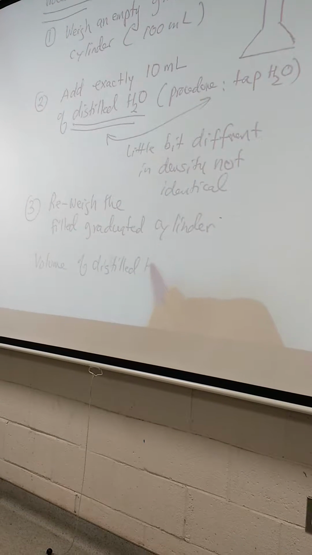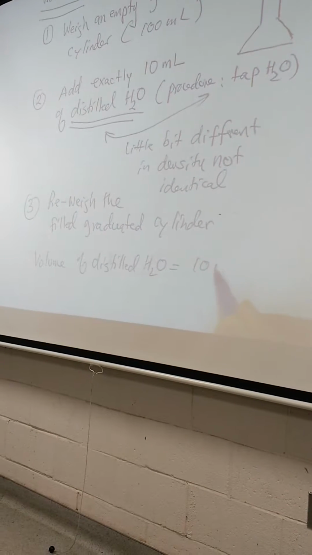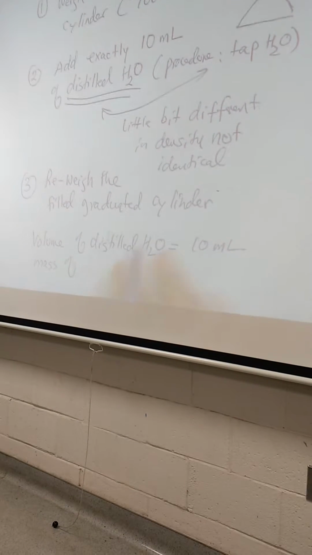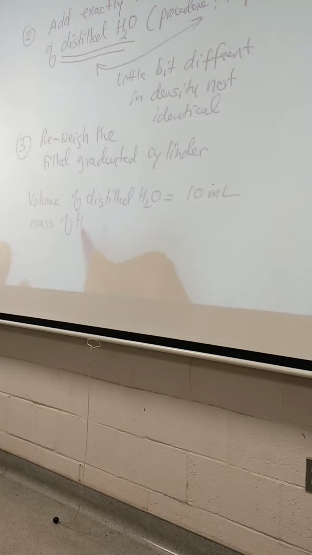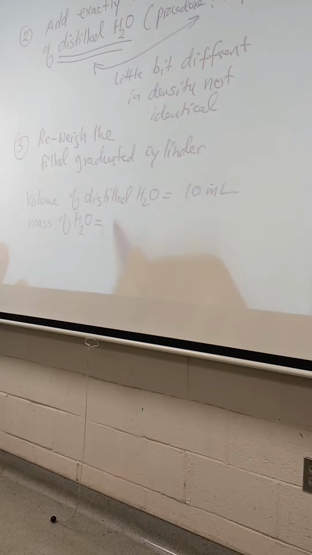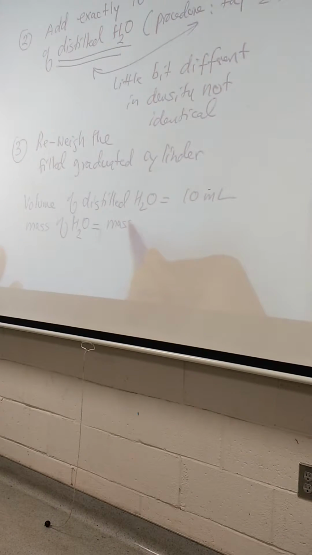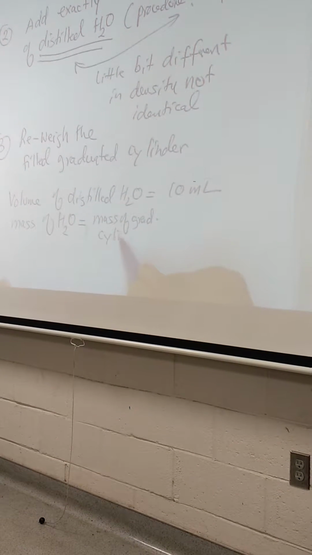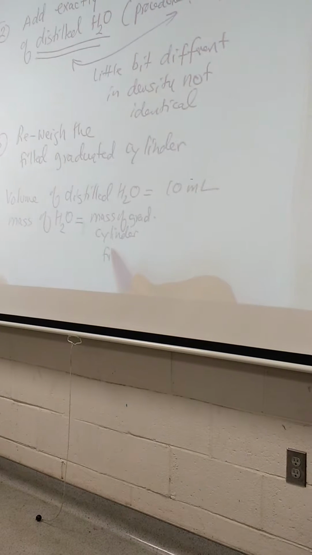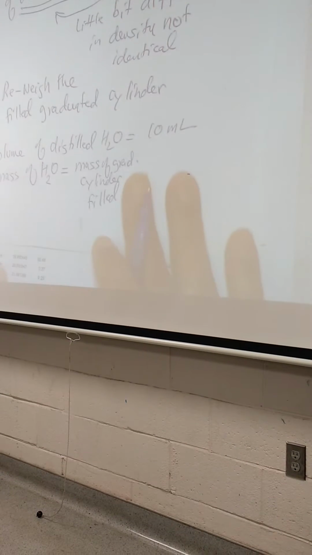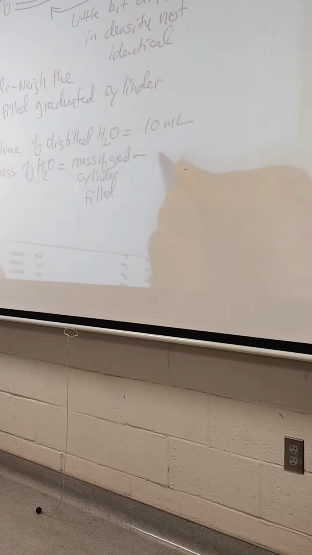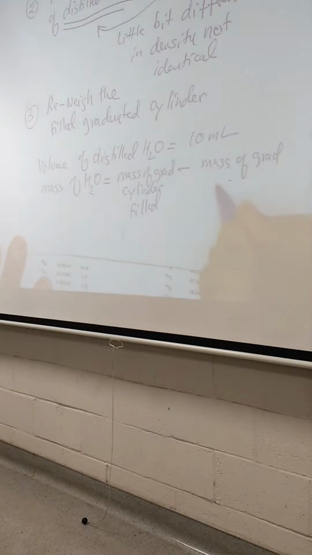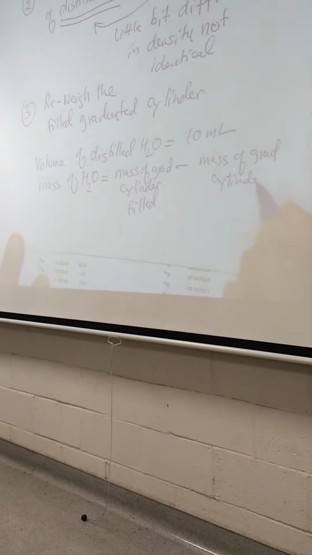Volume of distilled H2O is what? 10 mL, correct? And the mass of H2O here, guys, will be mass of graduated cylinder filled, minus mass of graduated cylinder empty.